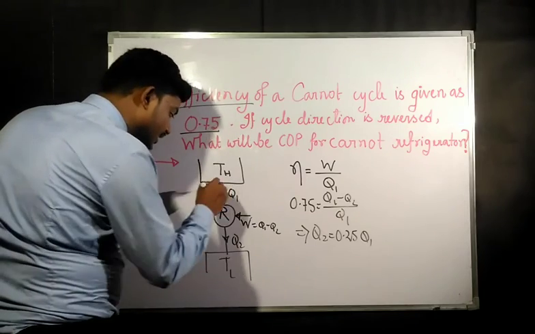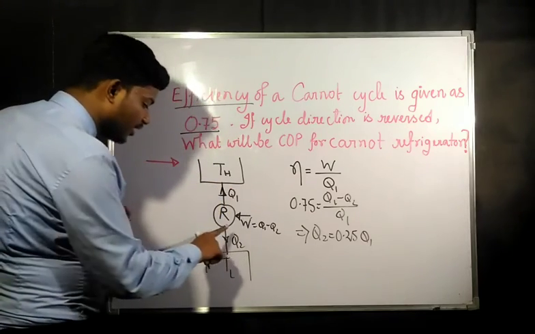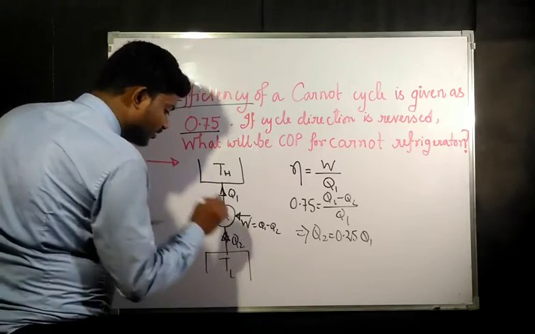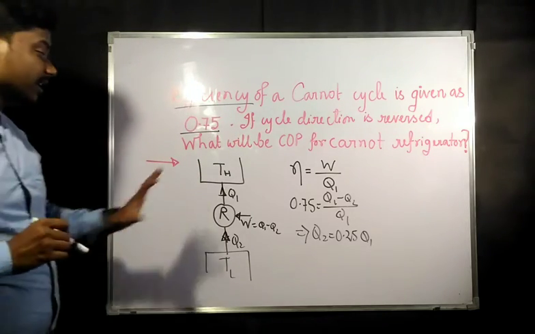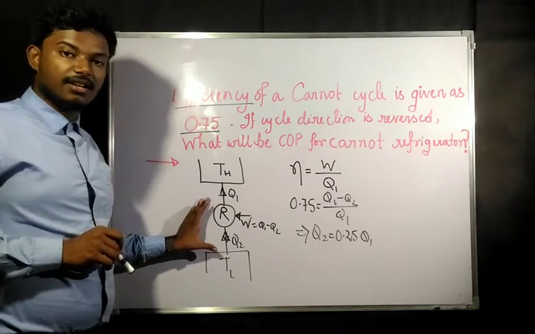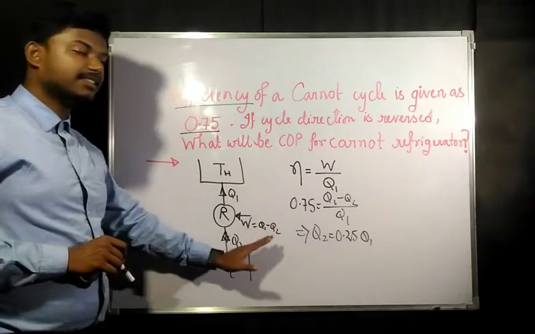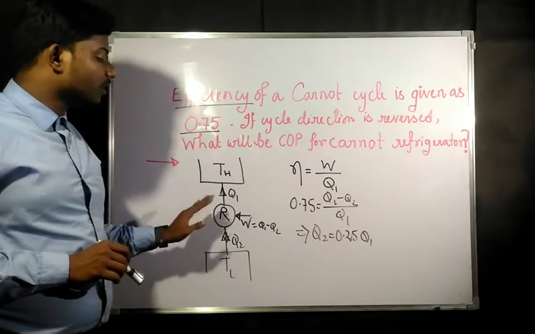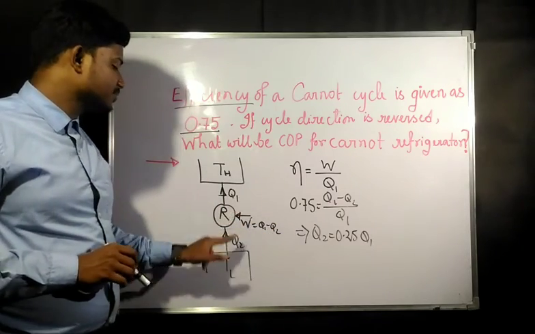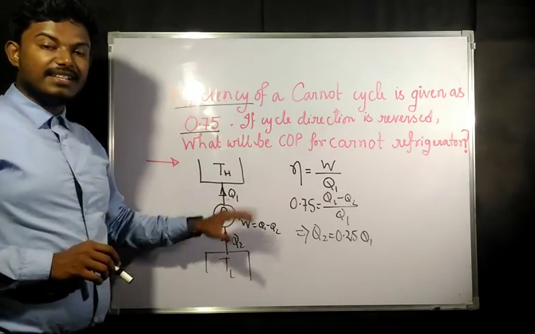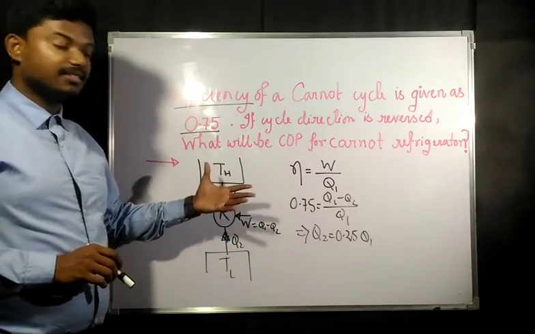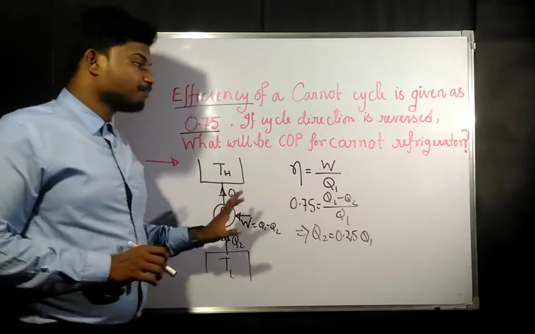This Q1 direction will be in this way and this Q2 direction will be in this way. This is going to be a Carnot refrigerator. We are just reversing the cycle and it turns out like this. Since we are just reversing this, the values are not going to change.